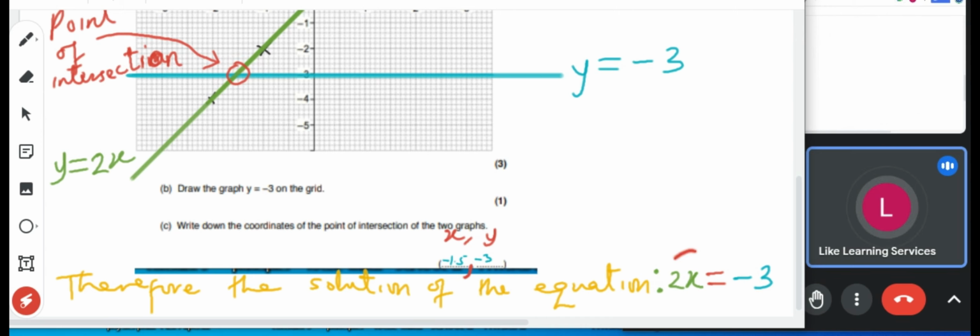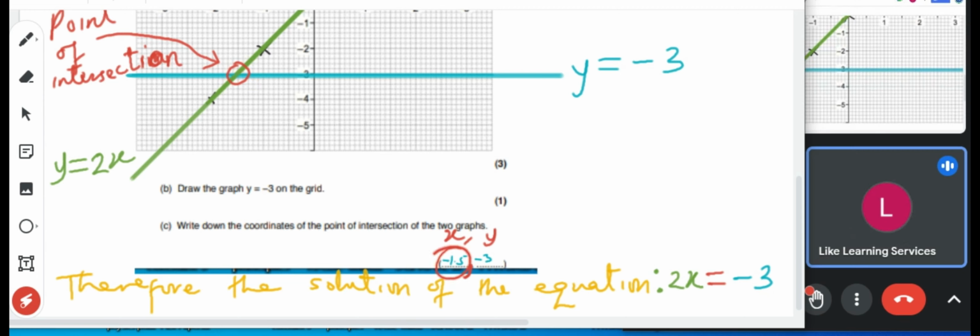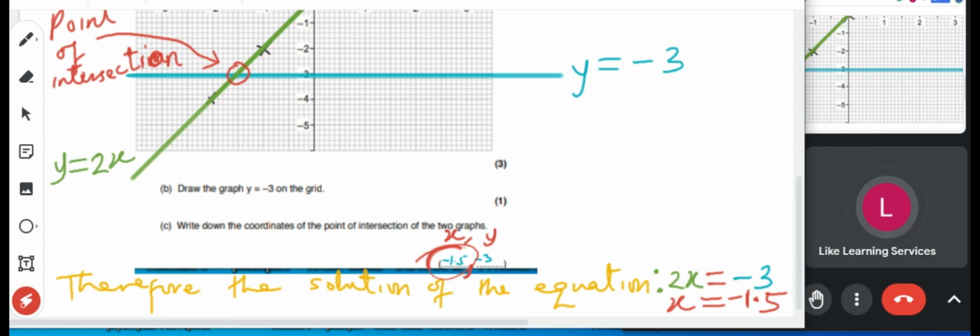Wherever they cross will be the answer. Can you see where they cross themselves? At x equal to minus 1.5, so that's the answer. If you're asked to solve this, you get x equals minus 1.5, because that's where they cross themselves.